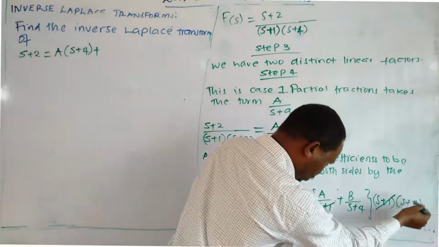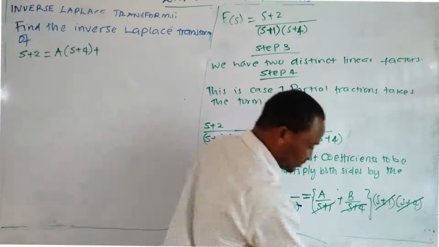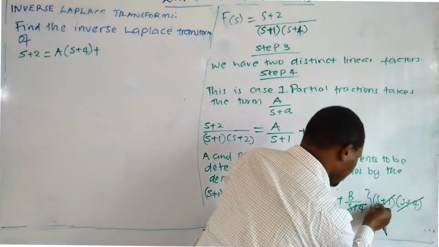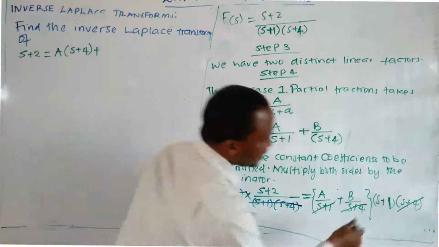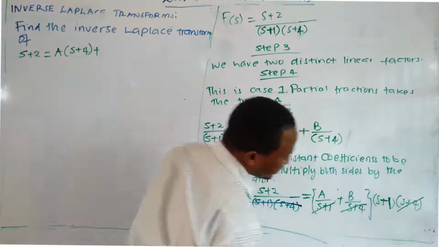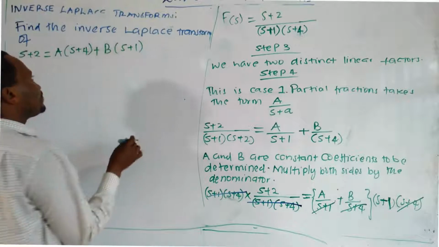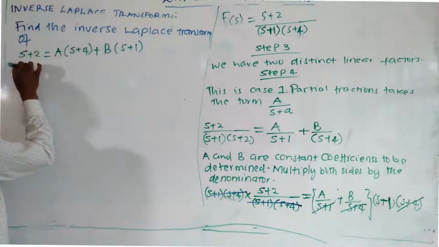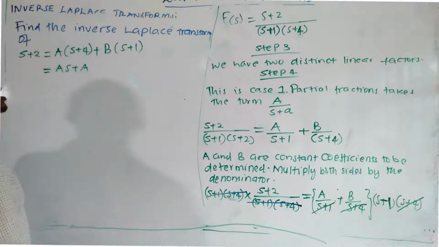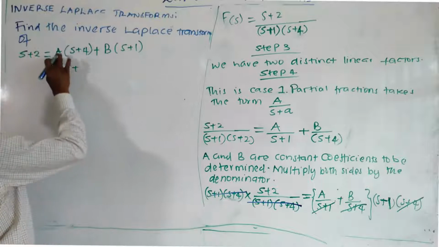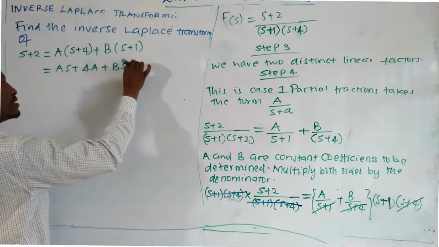In multiplying the other with this, the S plus 4 and the S plus 4 will cancel out, meaning we'll be left with S plus 1. So it will be plus B, S plus 1. If you open the bracket, it is AS plus 4A plus BS plus B.